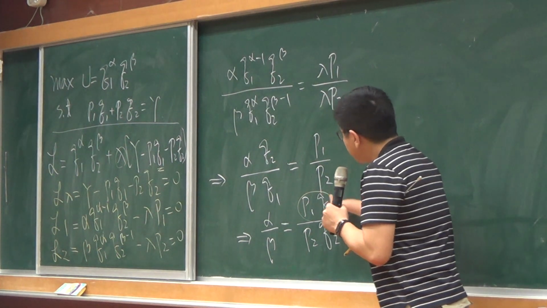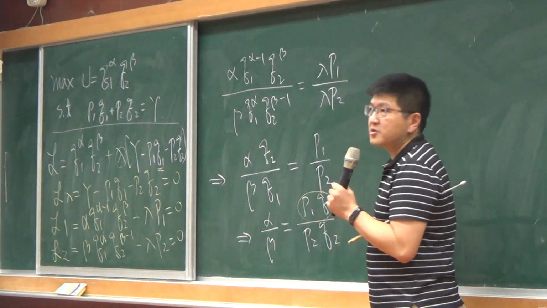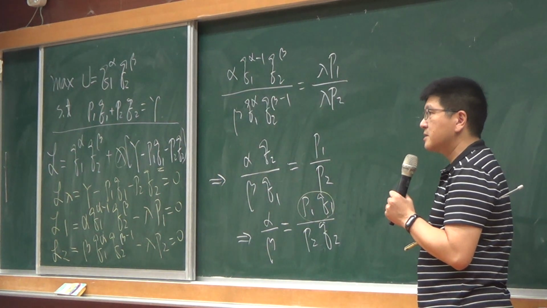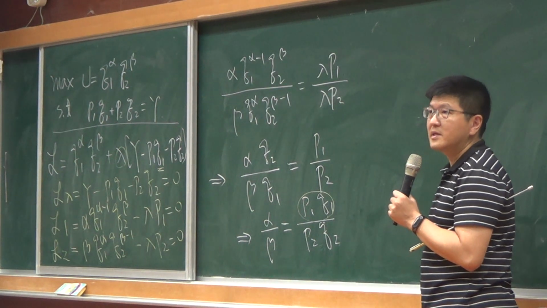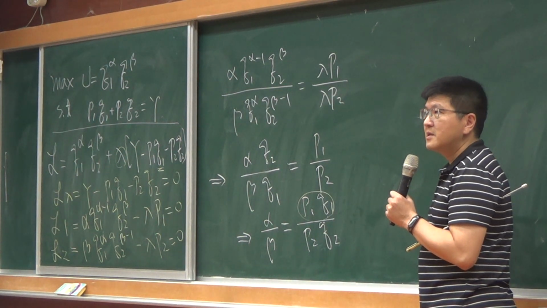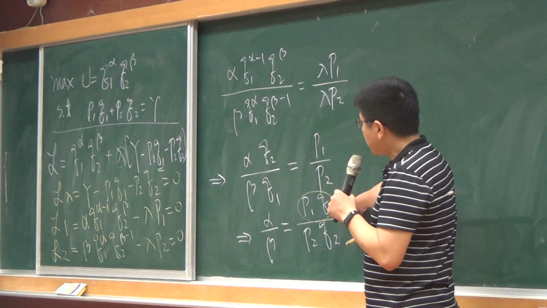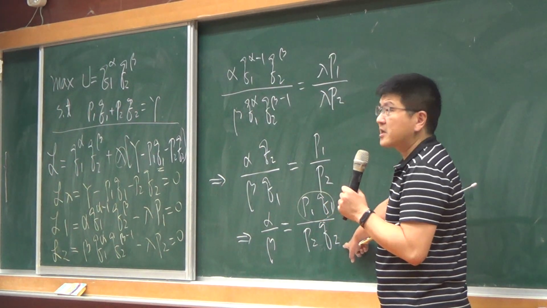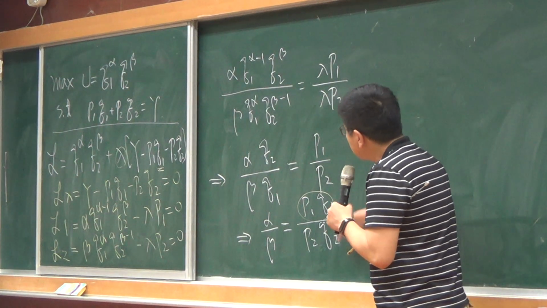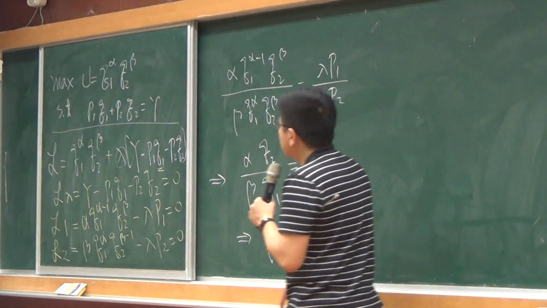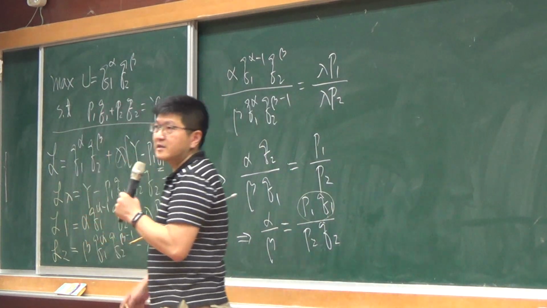You buy this many Q1, and for each you have to pay P1. So it's the total expenditure on good one. Is that cool? Okay? So this is the expenditure on good one and the expenditure on good two. And you know the total expenditure, the sum of these two terms, would be Y. Is that clear?